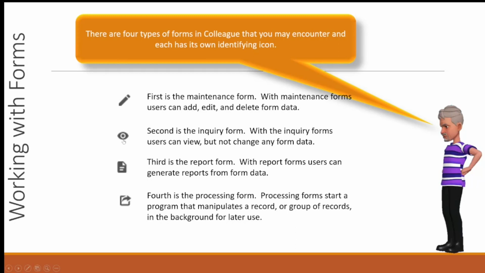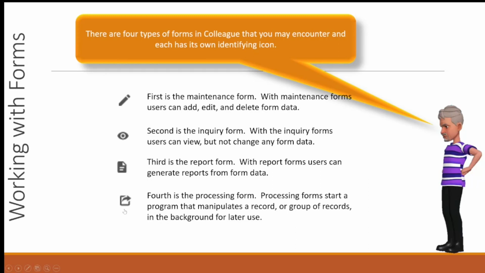Then we have the inquiry form, which gives you the eyeball. In other words, you can go in and look at it. With the inquiry forms, users can view but not change any of the form data. The third is the report form. With report forms, users can generate reports that can be printed, hard copied versions of the forms.